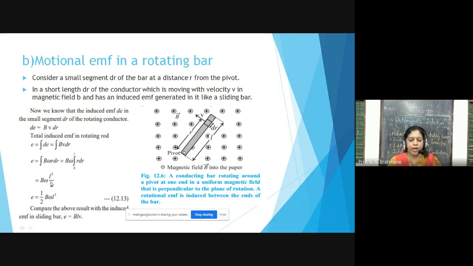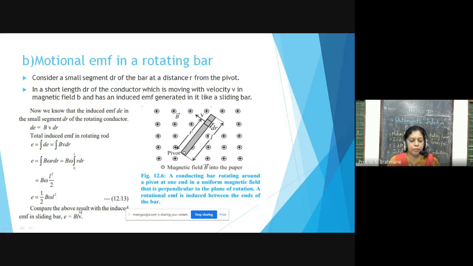The maximum value of r is L. So E is equal to B omega L square upon 2, that is, E is equal to half B omega L square.